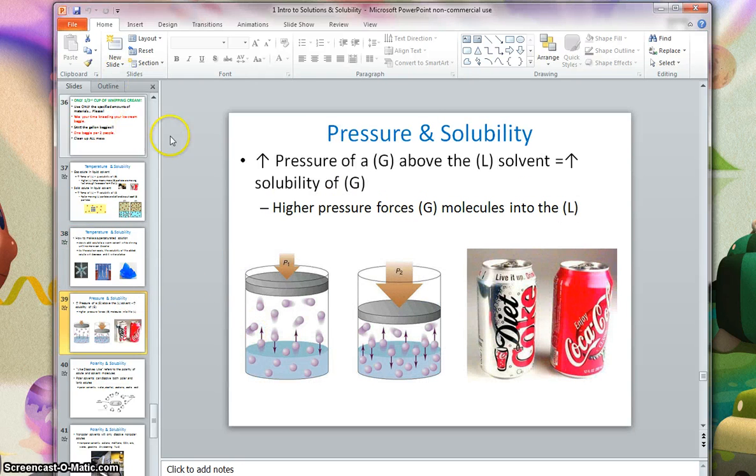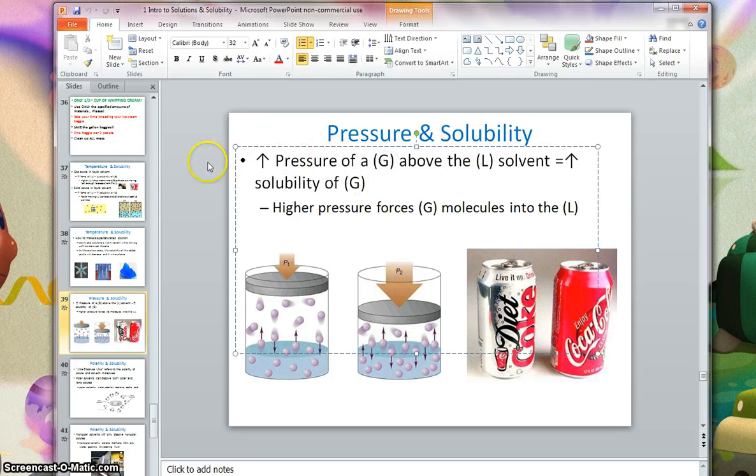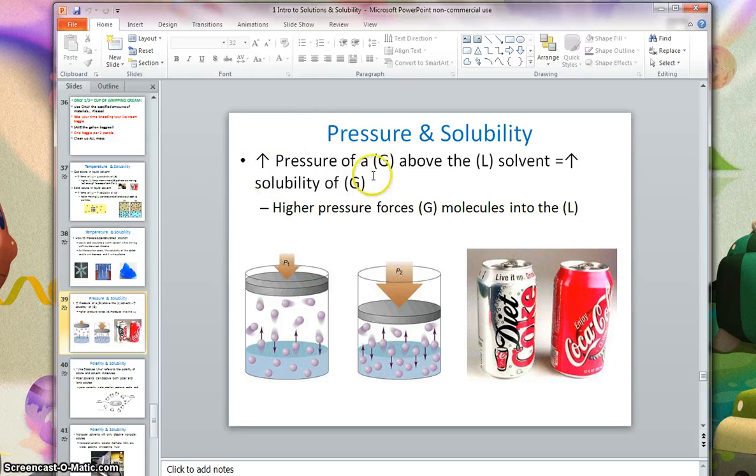Pressure, that's the second factor or variable. Again, we're talking about gases. If you increase the pressure of a gas that's above a liquid solvent, you're increasing the solubility of the gas. Remember, if you think about squeezing, if you raise the pressure like so, you have less space.